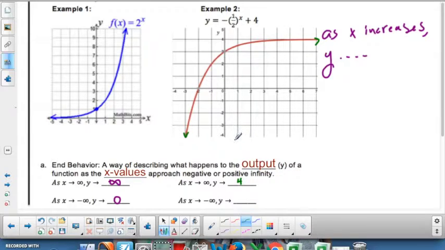So that is what y is approaching. As x approaches negative infinity, so as x decreases and gets smaller and smaller, now I'm pointing down and I'm trying to get to negative infinity. So again, one of them went to an infinity, either positive or negative. The other one is just approaching some value, that asymptote there.